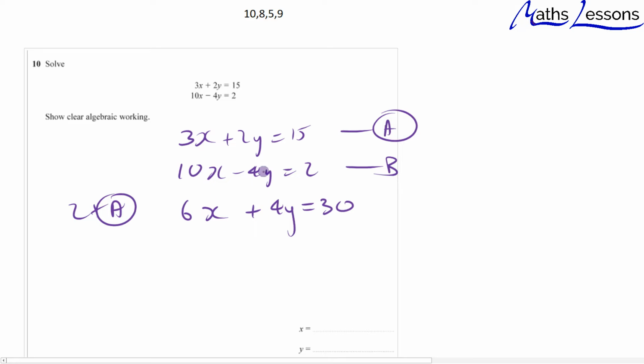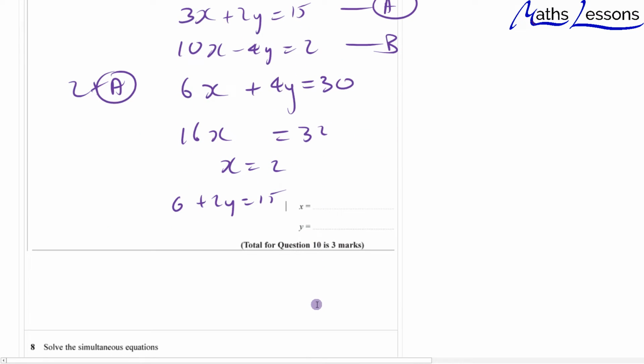Therefore, if we add these two together, the y's will cancel. So we get 23x, no y's, equals 19. So x equals 1 if you divide by 23. Put that back in. Let's put it back into here. So we get 3x plus 2y equals 15, and then we get 2y equals 12.